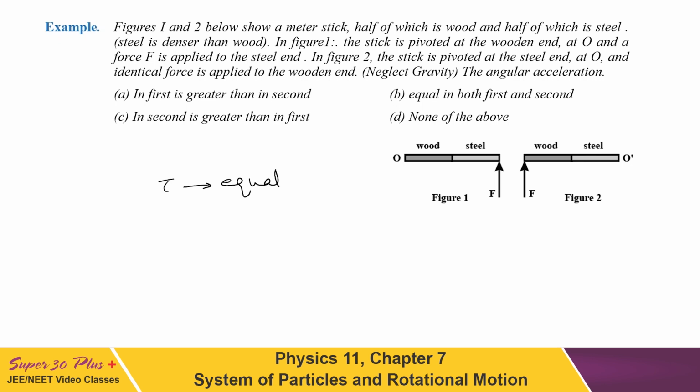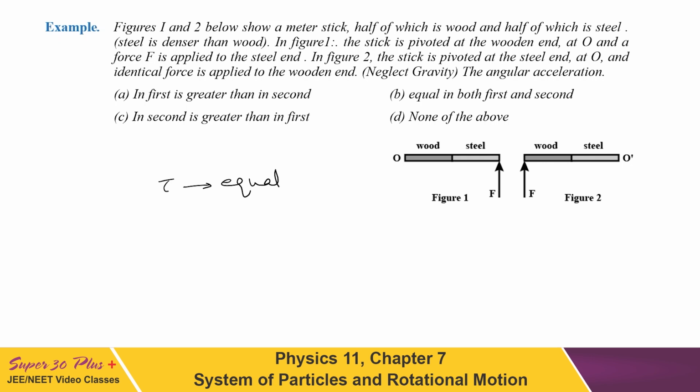So let us compare the moment of inertia now. Here the point of rotation is O, so we have to check the moment of inertia about O. For figure 1, the moment of inertia will have a larger value about O compared to figure 2, because steel has more density, so the heavier mass is at the farther end in figure 1.